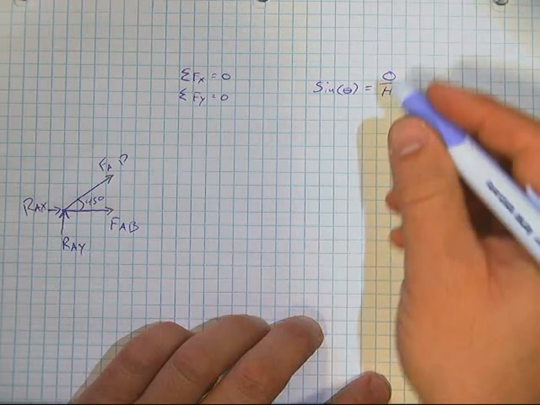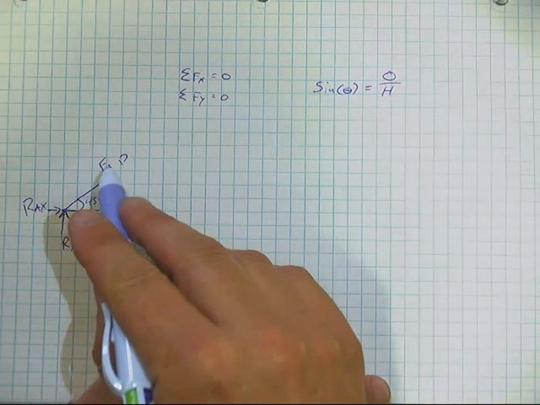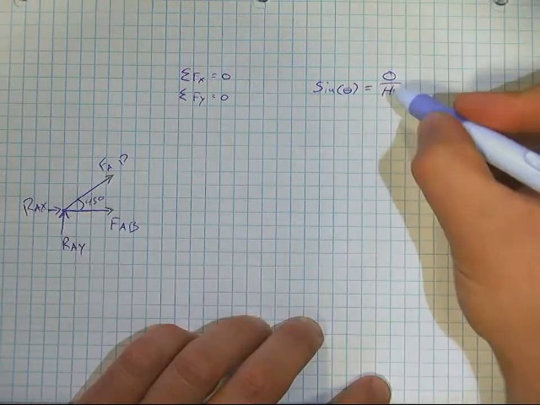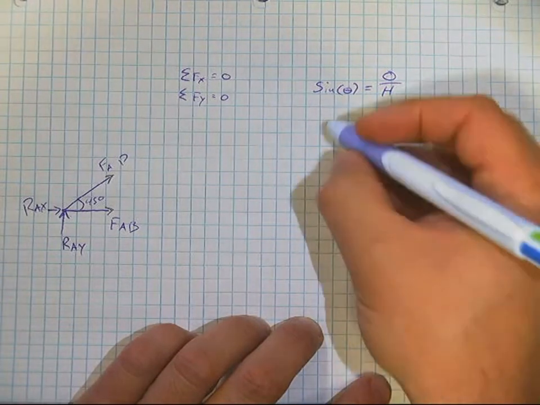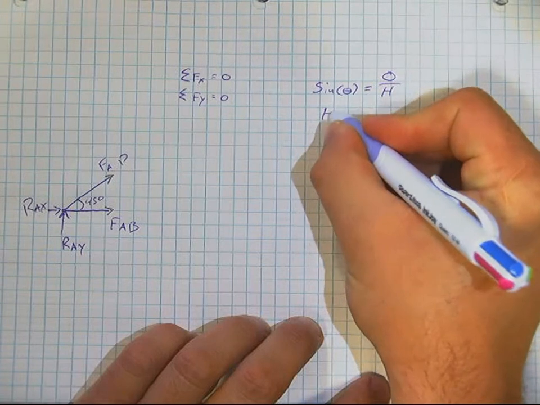Now if I wanted to solve for FAD, FAD is our hypotenuse.